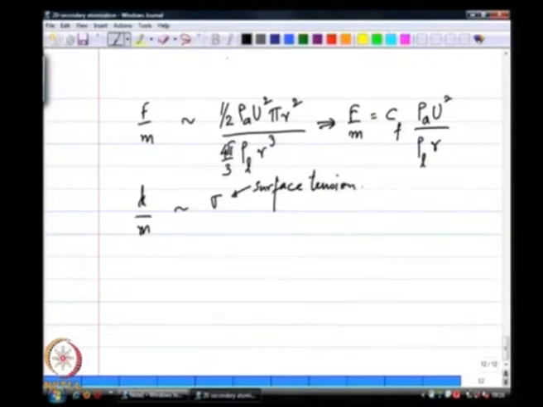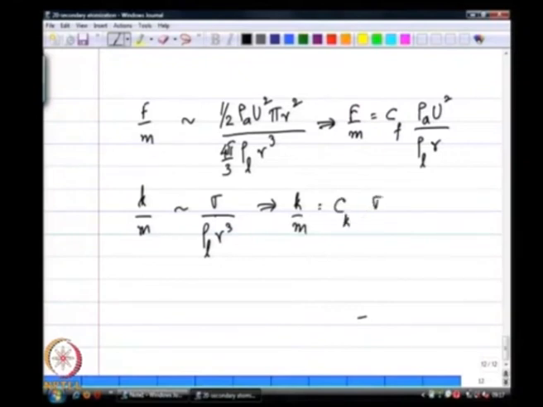We have used this before, so the scaling of this K by m is sigma divided by rho l r cubed. Or I can write K by m as some C k times this dimensionless group.